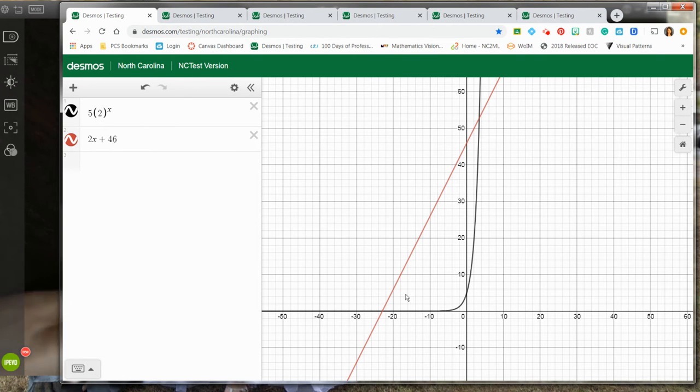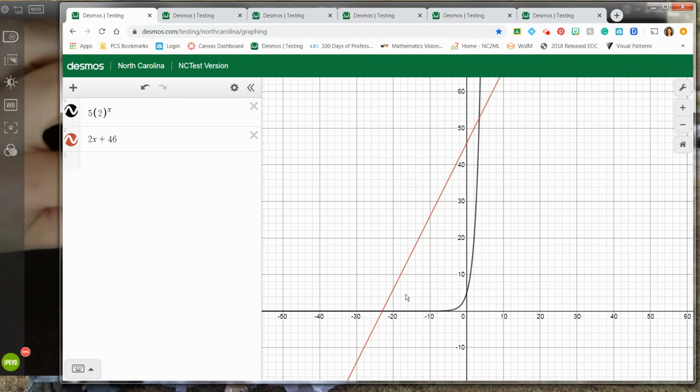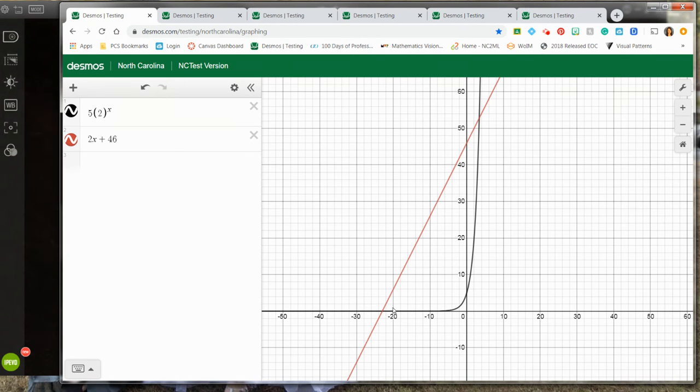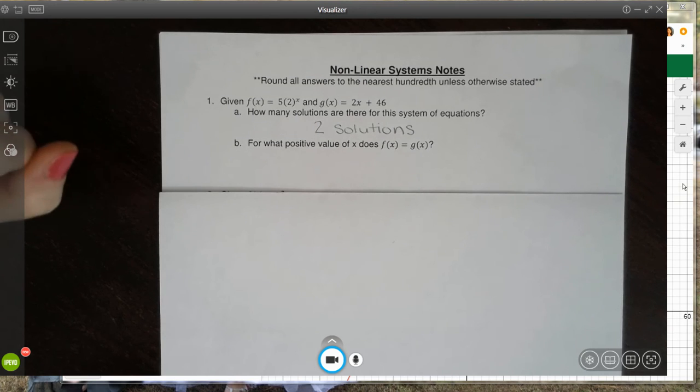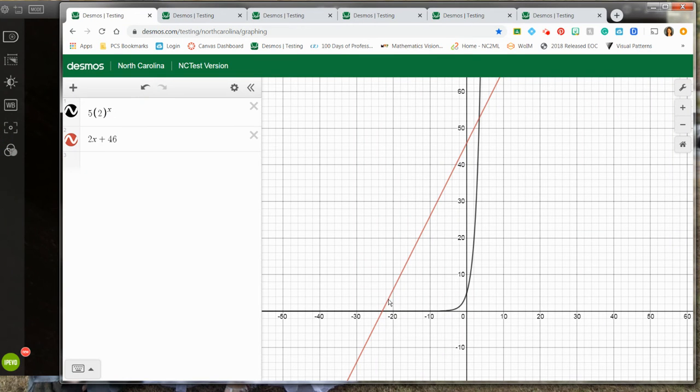And the second part of the question is for what positive value of x does f of x equal g of x? And since it says f of x equals g of x, that tells me I'm looking for their intersection or where they are equal to each other. So I want the positive x value. Well, this one is not positive. This is a negative x value.